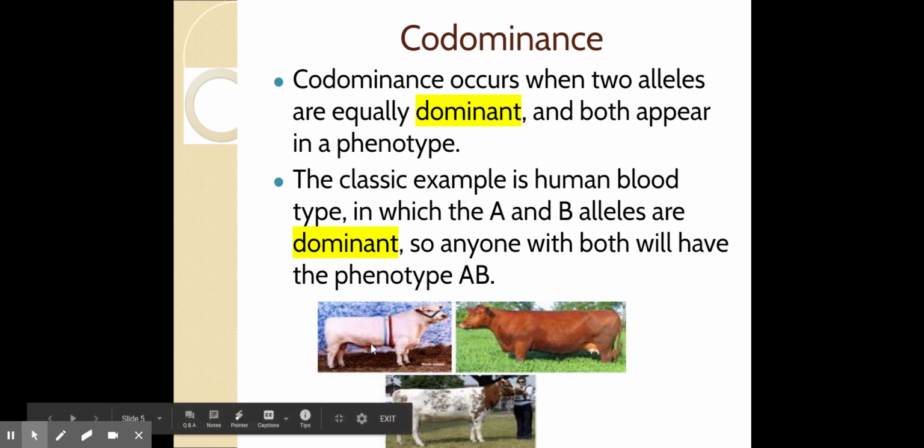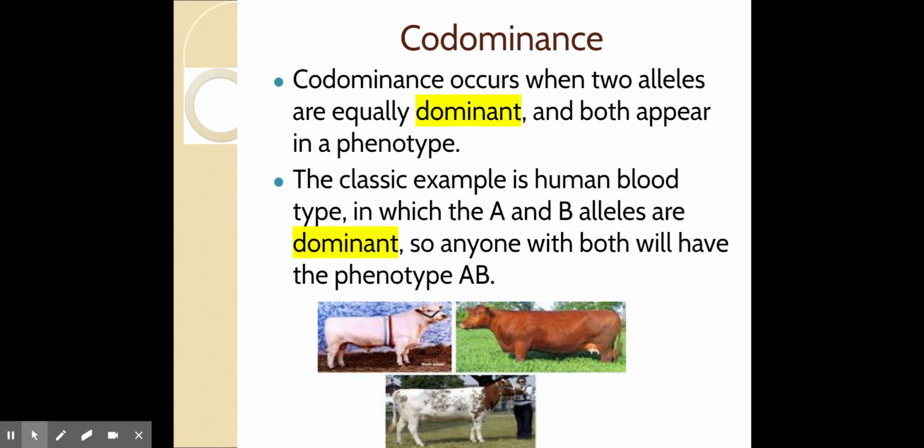Here we have some cows, a white cow, a reddish or brown cow, and you get the cow that has both colors in its fur. Another great example of this is blood type. Type A and type B, those are caused by the A allele and the B allele for blood. Neither one's more dominant.